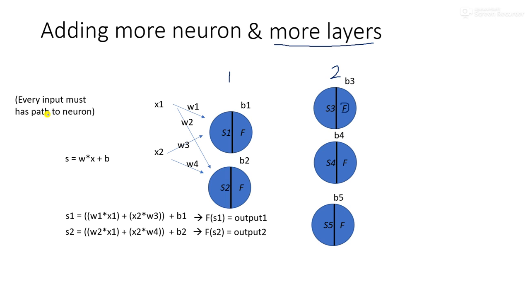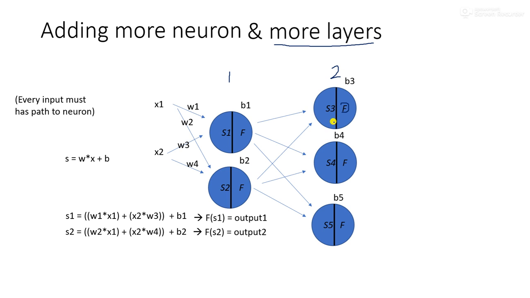Now every input must have a path to every neuron. So you see 1, 2, 3, 4, 5, 6. You've got 6 paths.